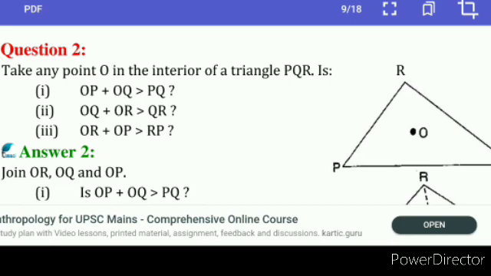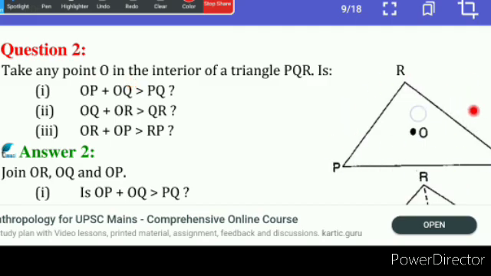They are asking three parts of questions from this triangle PQR. Now in this first part, OP, OQ and PQ, these three are not sides of a triangle. That is, OP and OQ are not sides of the triangle PQR, but PQ is one side.